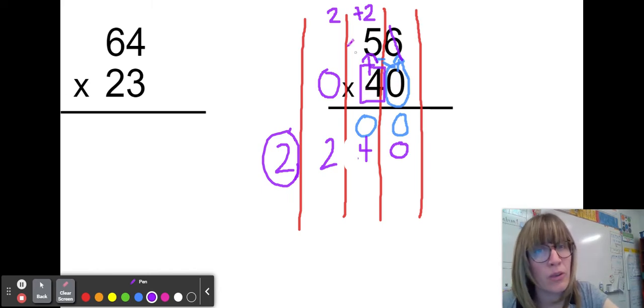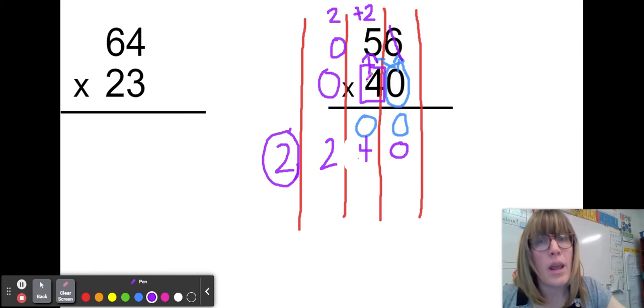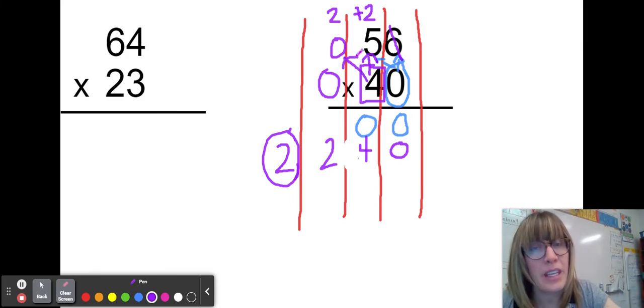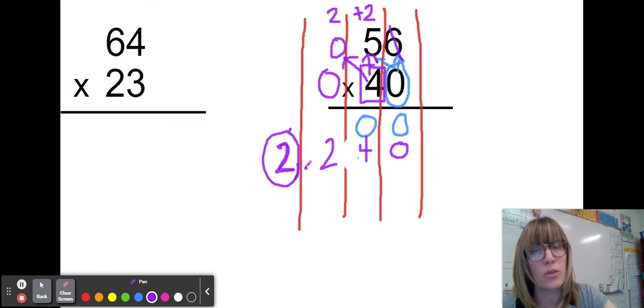But when I multiply by the 0 up here, it's really 0 hundreds, 5 tens, and 6 ones, right? When I multiply here, I discover that this is just still 0, and I add my 2, and my next open spot is in this column here. So since we didn't have anything left to multiply, you can just sort of slide it right over.